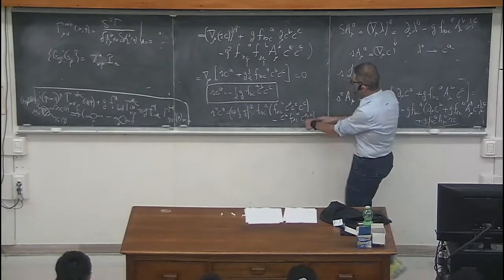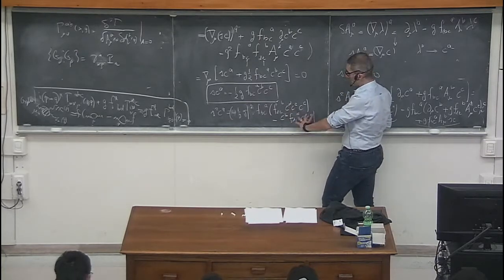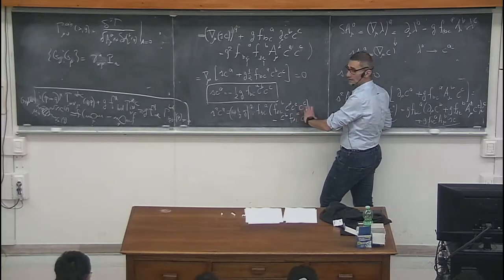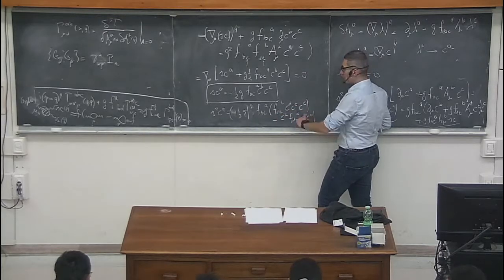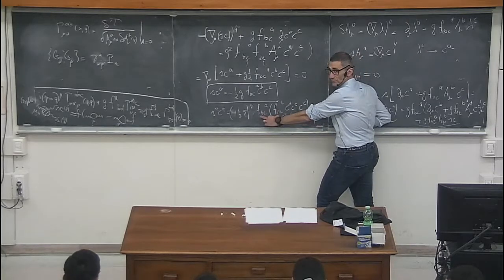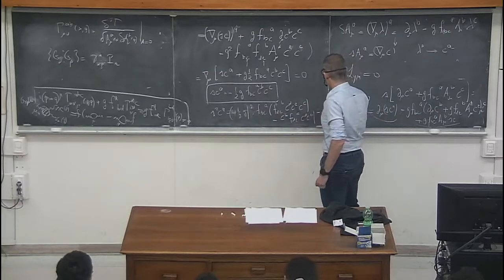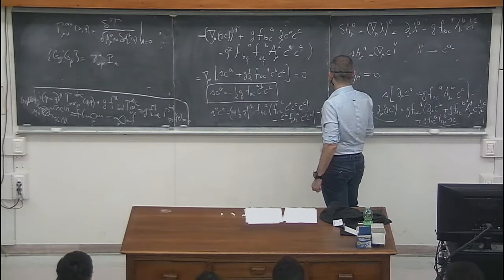Now I have to do a little bit of renaming, okay? And then I have to fully antisymmetrize in these indices, C, D, E. If I do that, you find out that the full antisymmetrization appears on the indices of two structure constants, and this is equal to 0 by the Jacobi identity.